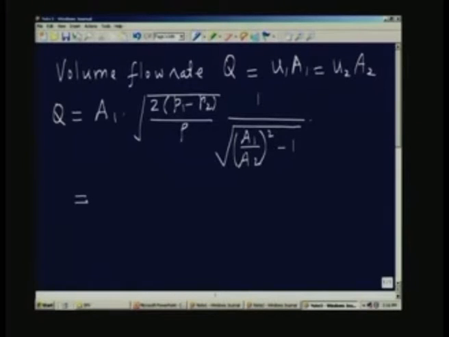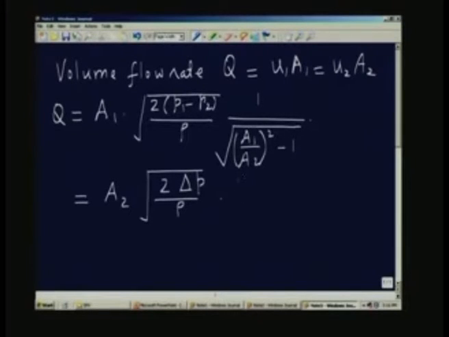This can also be written down as, instead of A1, I will say A2 multiplied by A1 by A2, and then I will adjust it with the denominator here. Therefore, this can also be written as A2 times the square root of 2 delta p by rho, where P1 minus P2 I am going to call delta p, and instead of A1 I am putting A2 here.